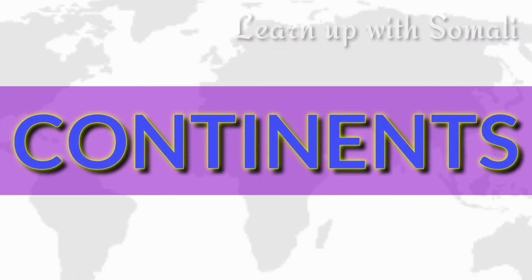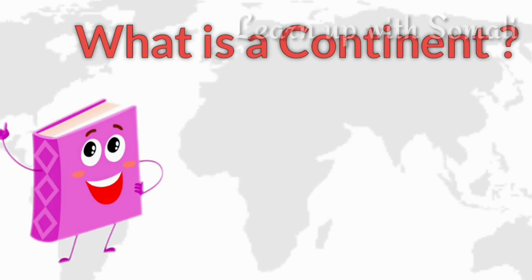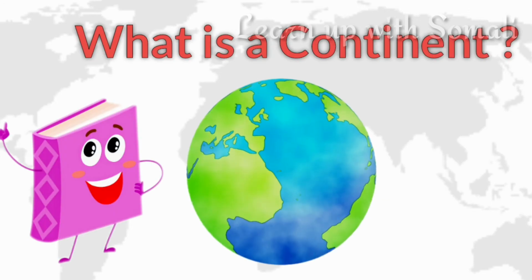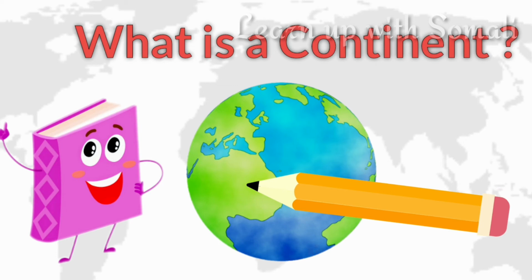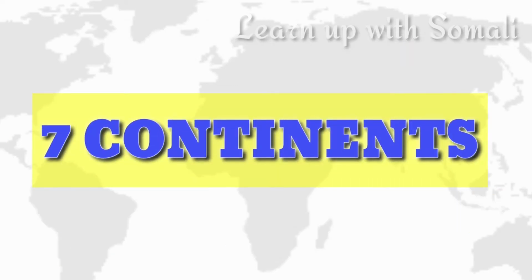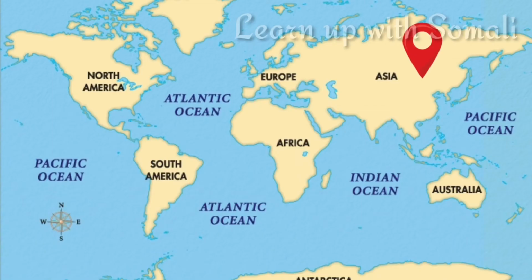Now, let us know about continents. What is a continent? A continent is a large area of land mass on the Earth. There are 7 continents on the Earth. They are Asia, Africa, Europe, North America, South America, Australia, and Antarctica.